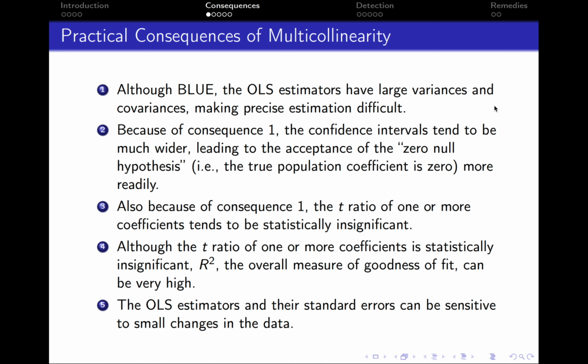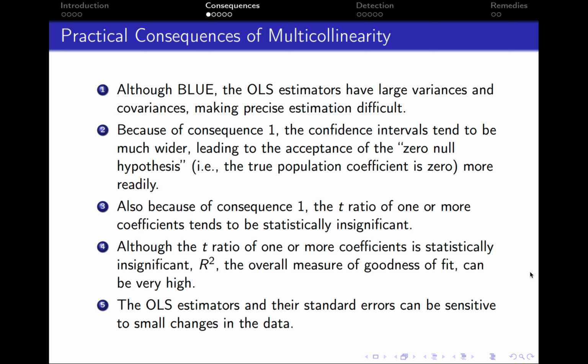Also, because of large variances and covariances, the t ratios of our coefficients tend to be statistically insignificant, indicating that our coefficients are statistically insignificant even though they should be statistically significant. Even though the t ratios will be statistically insignificant, the coefficient of determination, or R squared, which is the overall measure of goodness of fit, can be very high.